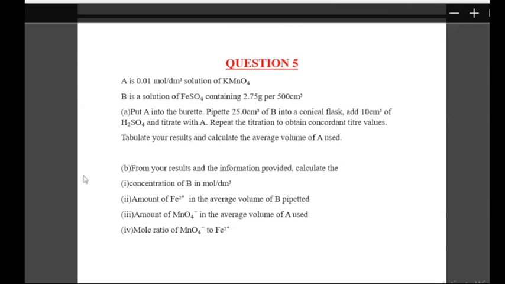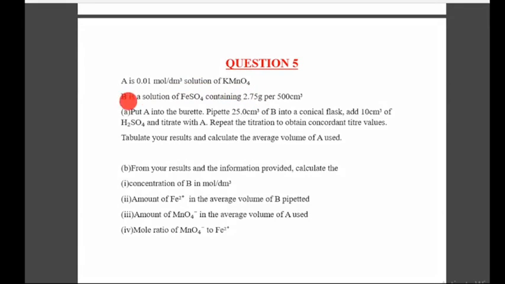Now question 4 and 5. It says A is a 0.01 mol/dm³ solution of potassium permanganate, and B contains 2.75 grams per 500 cm³. So we titrate A against B using the normal values that we have been using, 25 cm³ of the base against our acid, after we have acidified it with 10 cm³ of H2SO4.